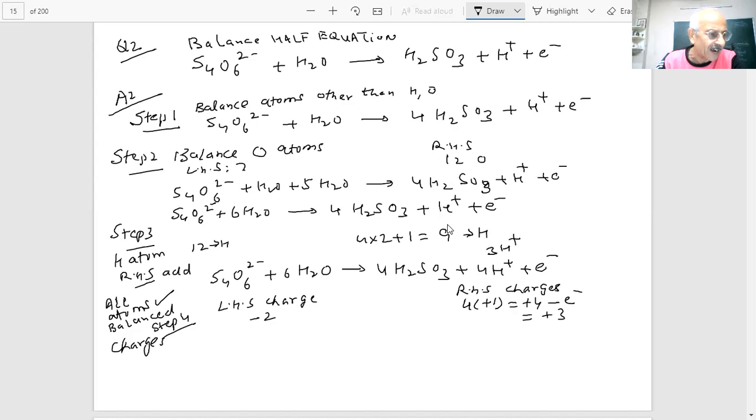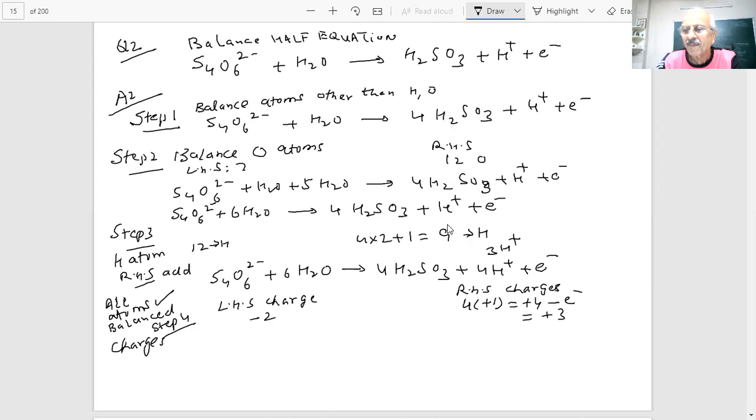Now which side you should add electron? In the right side. How many? Minus 1? If I make minus 1, it will become plus 2. What mathematics you are doing? You have to add minus 4. Minus 4 plus 3, what it will become?